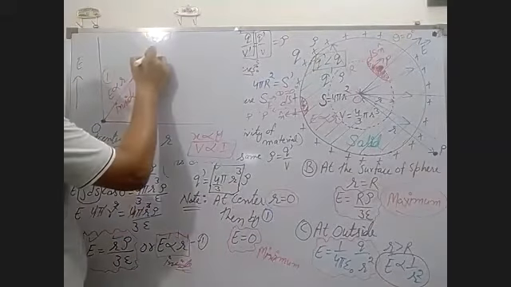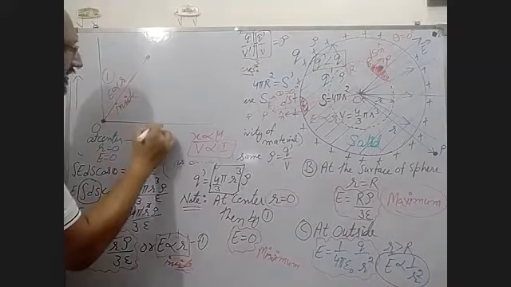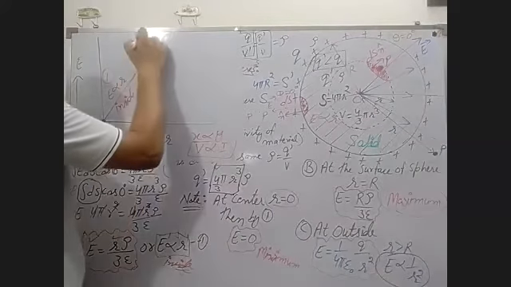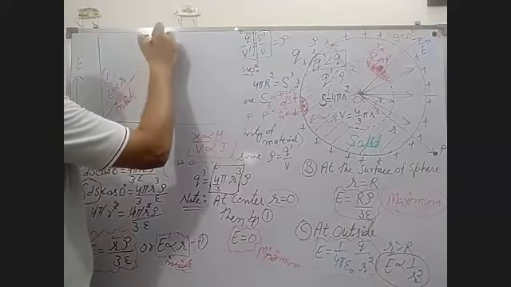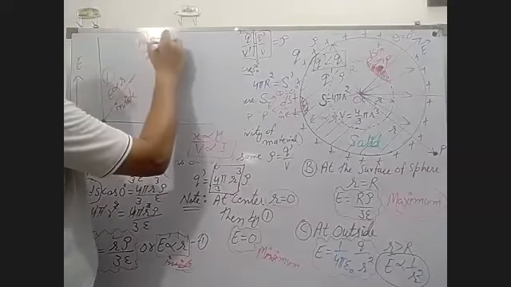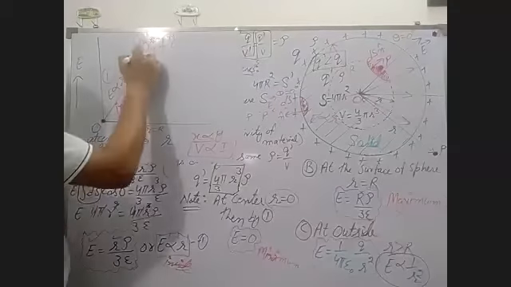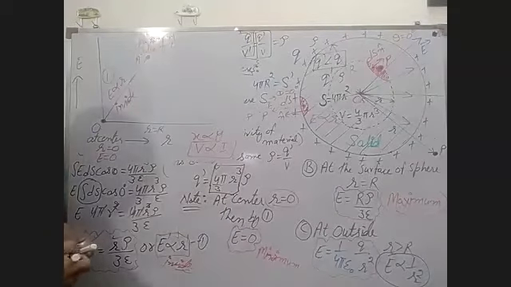That is why this is the maximum value. So O has the minimum value and point A has the maximum value.